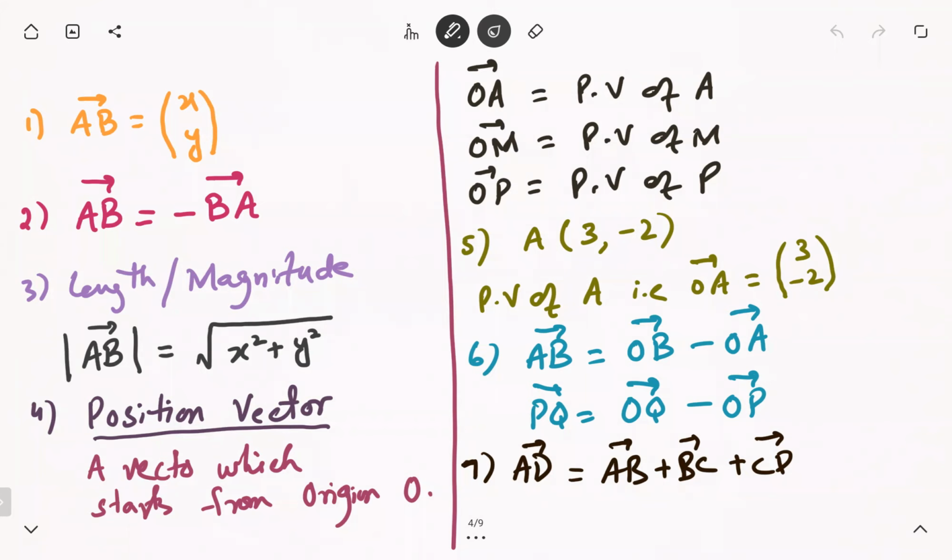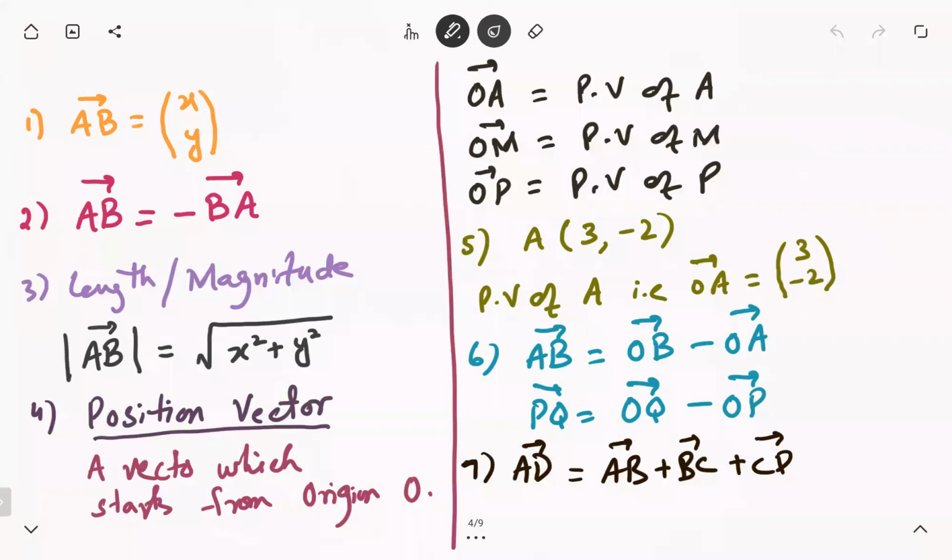So the coordinates of a point and the position vector have the same elements, only the writing style is different. When you write the coordinates of A, you write them in the form of coordinates. But position vector is a vector, so it will be written in the form of a column vector, 3, minus 2.